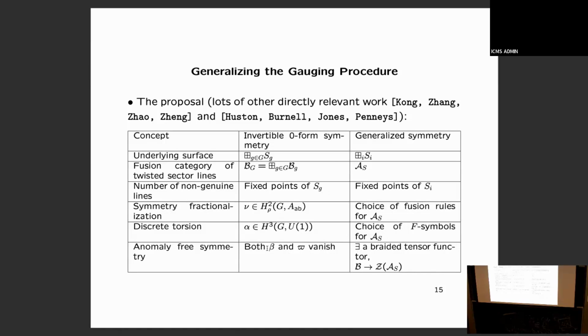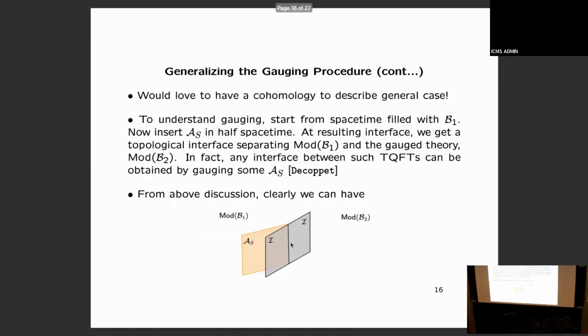So I could generalize this condition. I could allow beta to be non-vanishing. So maybe what you should really take seriously on this slide is that the 't Hooft anomaly is vanishing. So I would love to have a cohomology to describe the general case, or maybe something smarter than cohomology. If anyone has any ideas, please let me know.